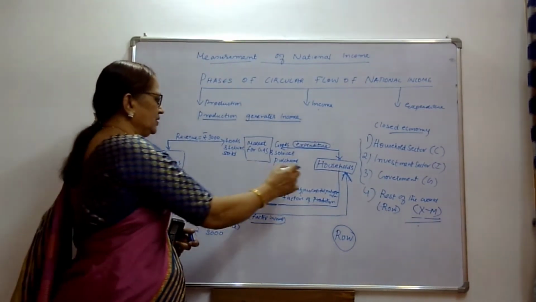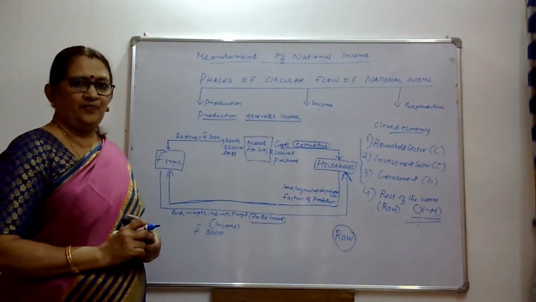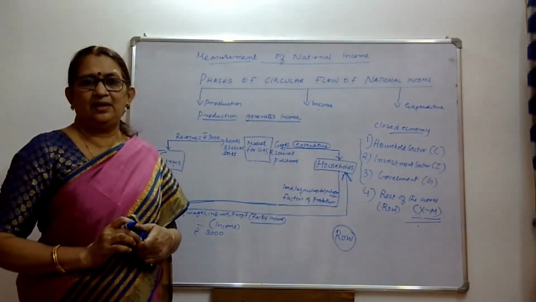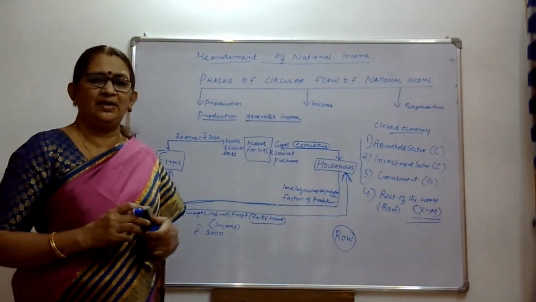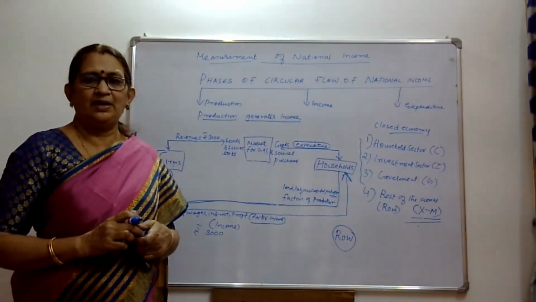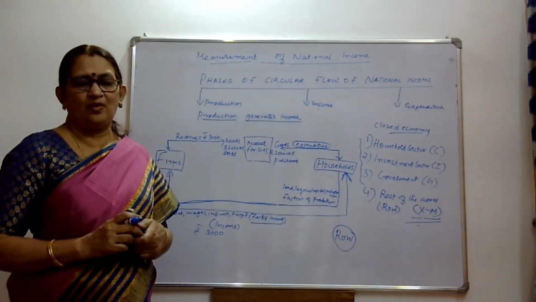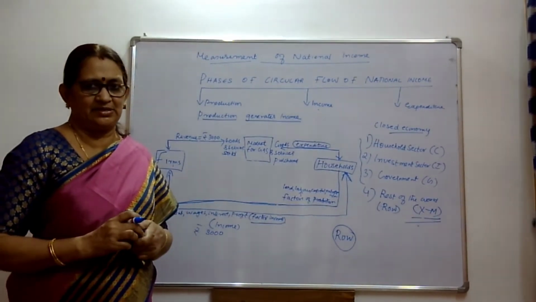So households are providing factor services. If firms have to produce goods and service, they need factor service. Without that, how will they produce goods? What are the factor services? Factor services or factors of production. This we have already discussed many times.